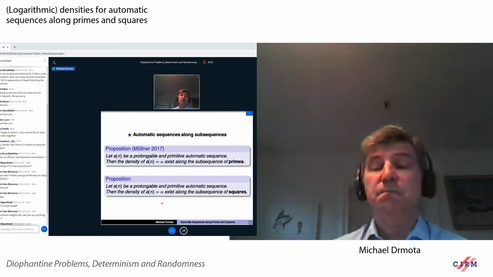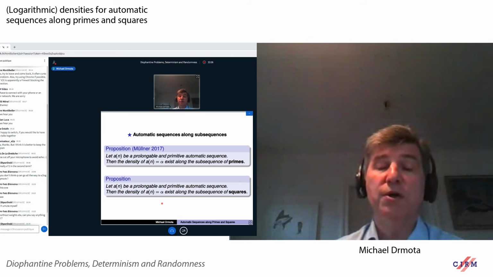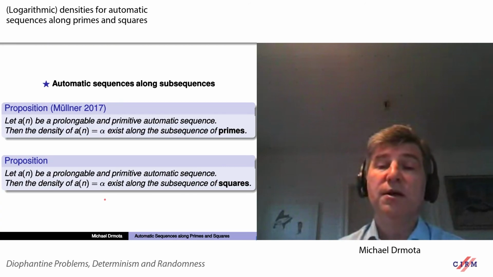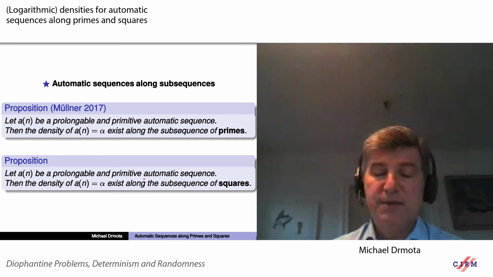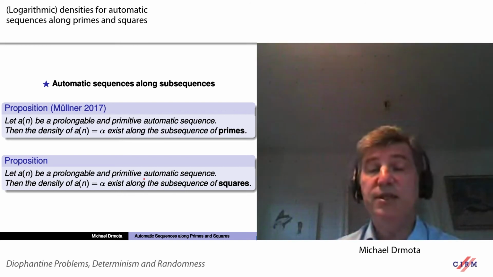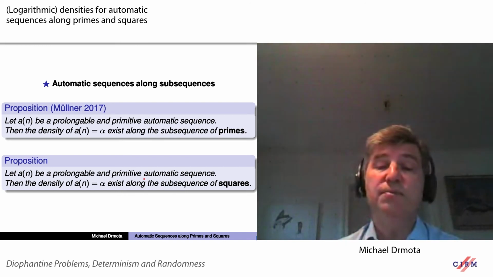But what we had to do in our joint work was to prove the same result for the subsequence of squares. For both propositions there is a similar strategy, and this strategy goes back to Mauduit and Rivat.